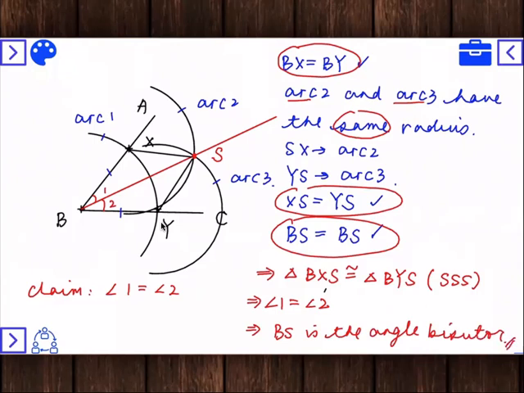Okay, so this is how we construct an angle bisector and how we prove it. So this is the second question.